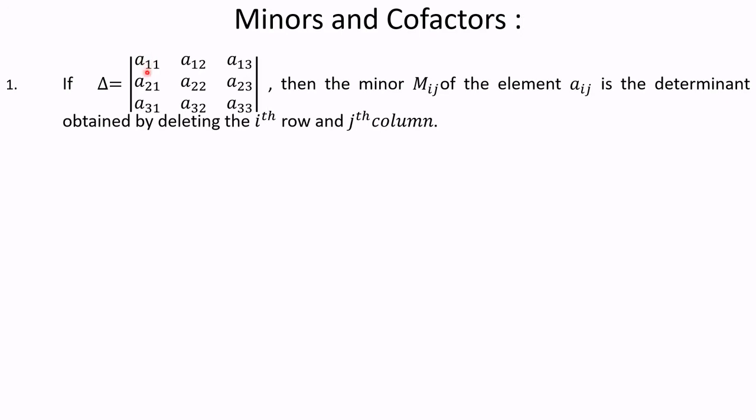First row and first column we delete, and the remaining determinant comprising A22, A23, A32 and A33 is called the minor. So for A11, the minor is A22, A23, A32 and A33, and cofactor is A11.